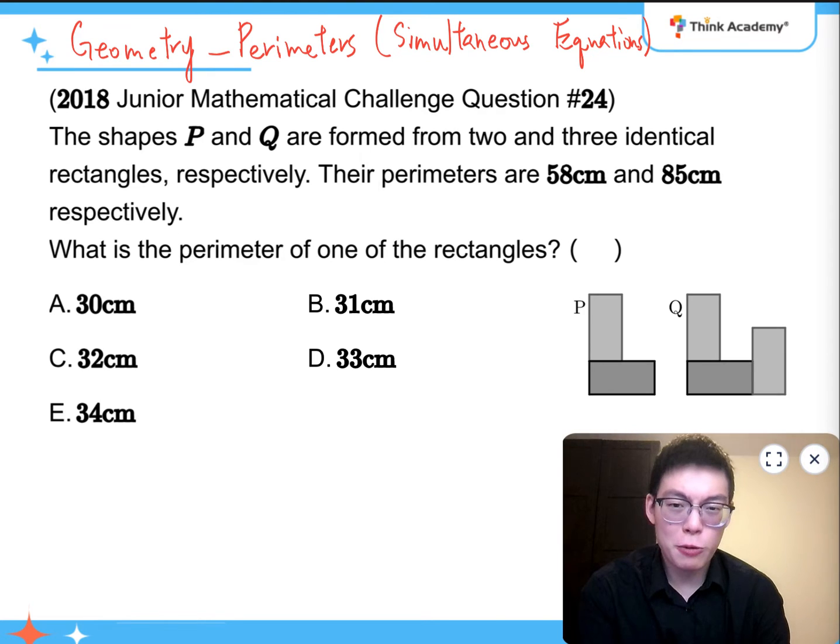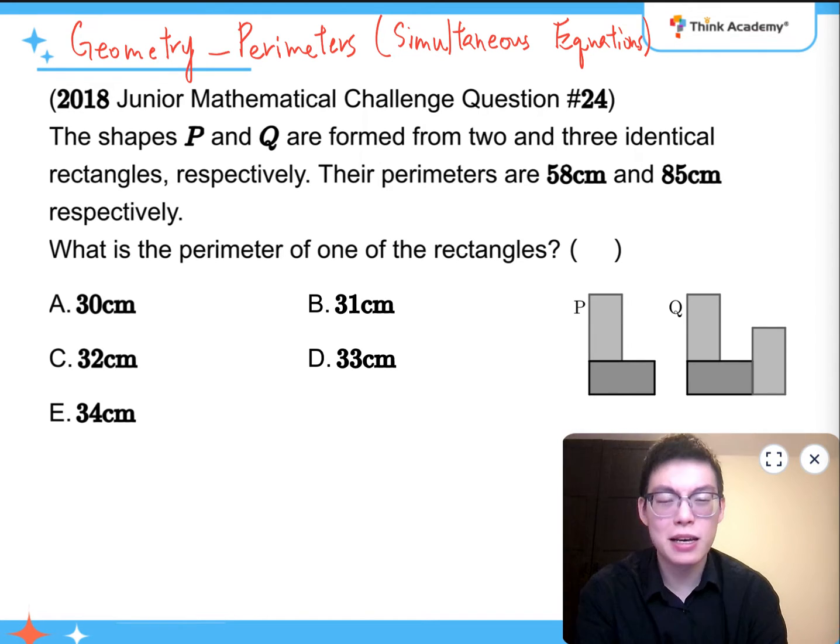So let's see how it works. Basically, the shapes P and Q are formed by 2 and 3 identical rectangles. Their perimeters are 58 and 85 respectively. And I want to find the perimeter of one of the rectangles.